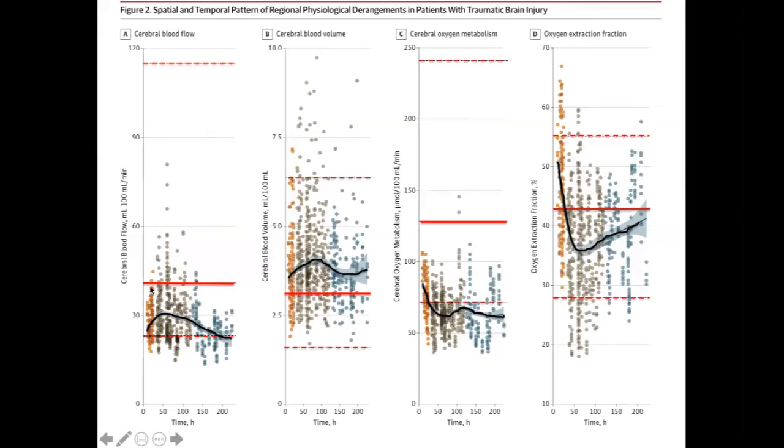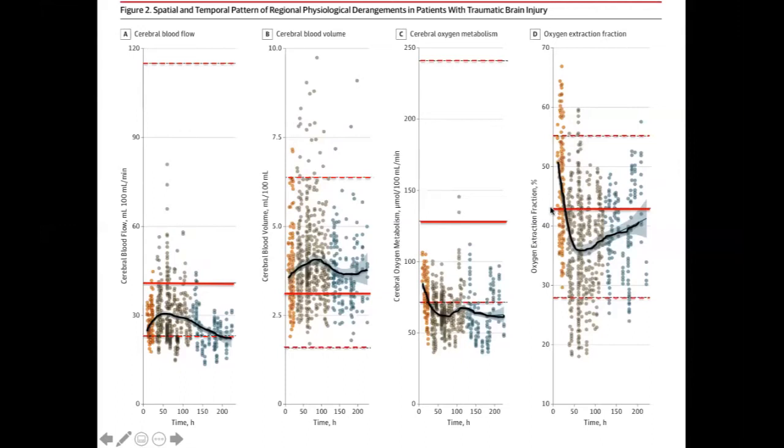And the red line here is the median value of controls. And here we see CBF very reduced in the first 24 hours, then an increase at 2-5 days, and then again a decrease. Let's look at the oxygen extraction fraction here on the very right.